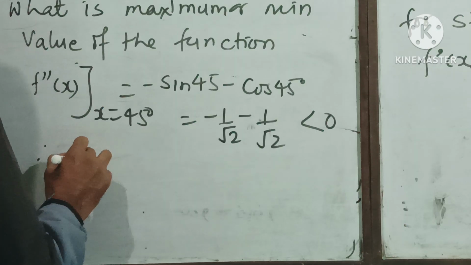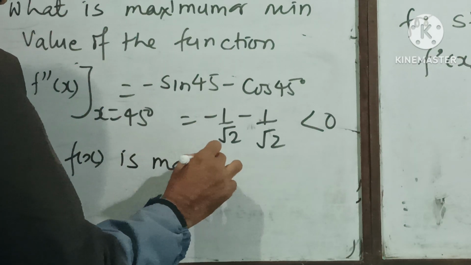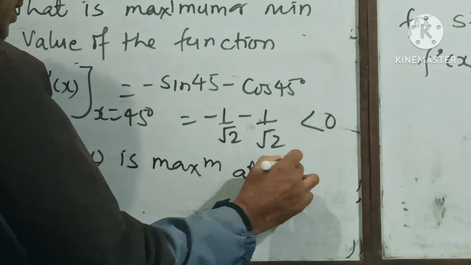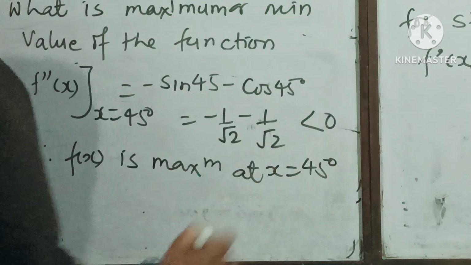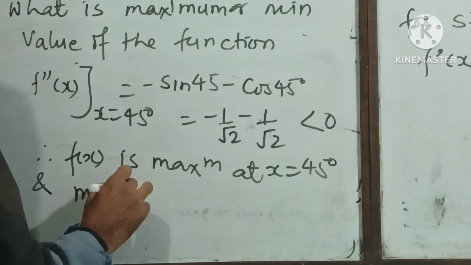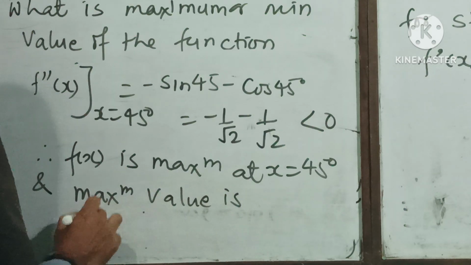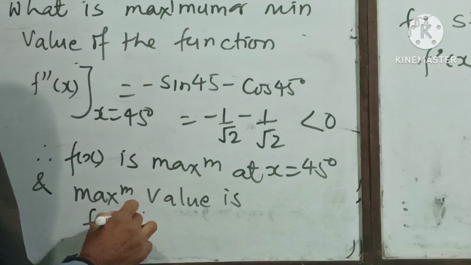Therefore f(x) is maximum at x is equal to 45 degrees, and the maximum value is f of 45 degrees.